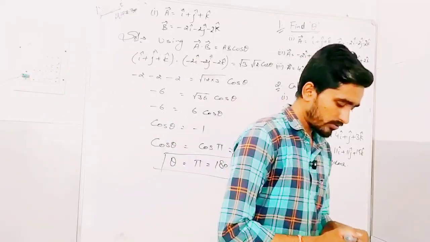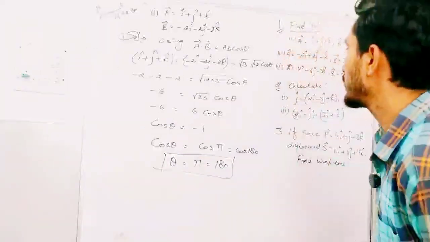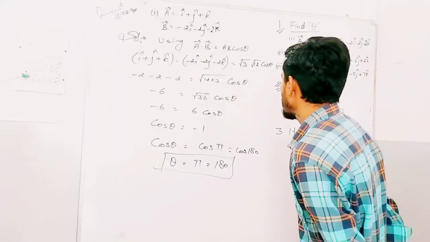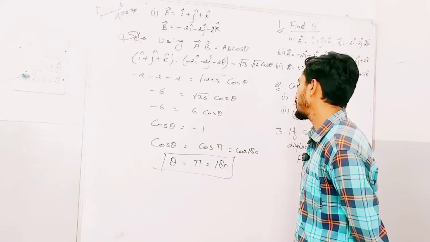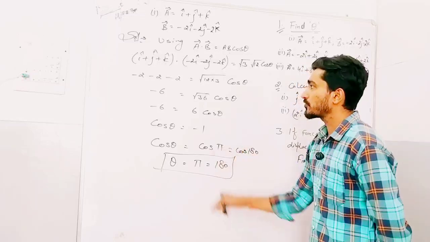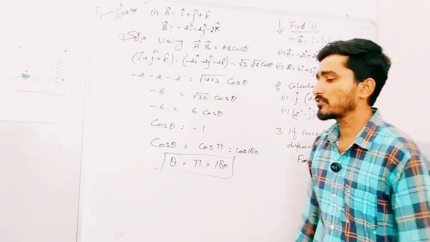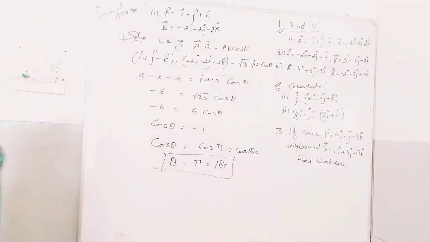You can also use the sine, the cross product. When we use the cross product, the formula of the cross product will be applied. If you want to note down the dot product part, note it down, because I am erasing it. Then further I am doing the same with the cross product.